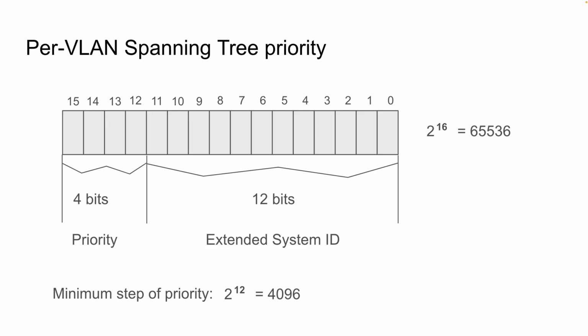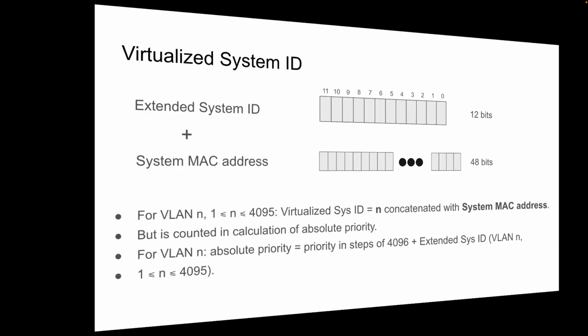So bit number 12 has the weight of 4096. Now, for the parallel spanning tree version of the STP protocol, we have to change the priority field in steps of 4096 units. The least significant 12 bits contain the VLAN identifier and are called the extended system identifier.